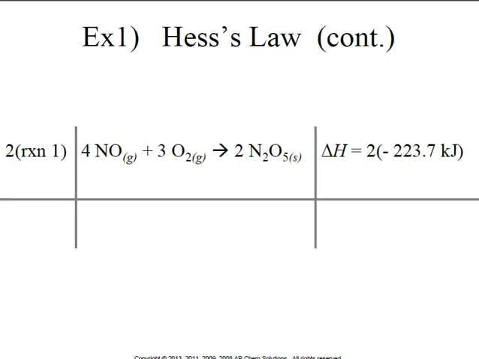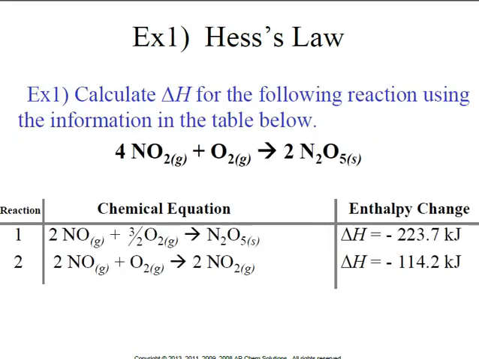The first thing we need to do is to take that first reaction that we saw and multiply it by 2. So if we look up at the example that we were given, we've got to take these two reactions and form this one. Well, in this first reaction there's N2O5, but in our goal reaction it has a coefficient of 2.